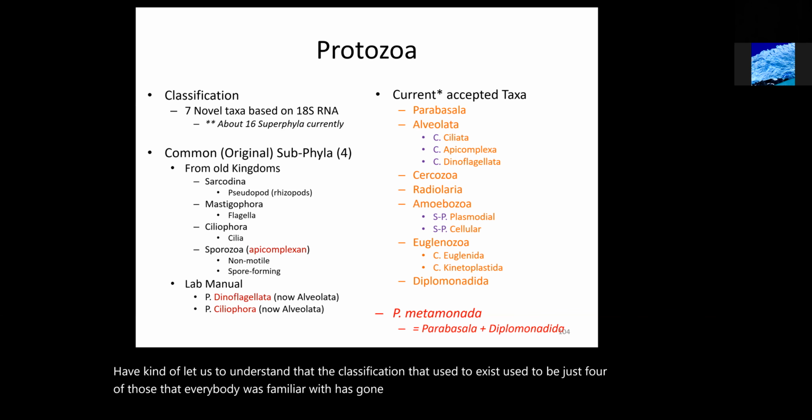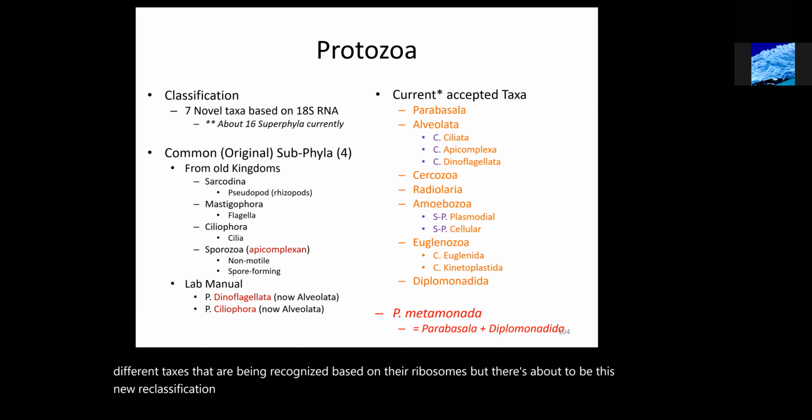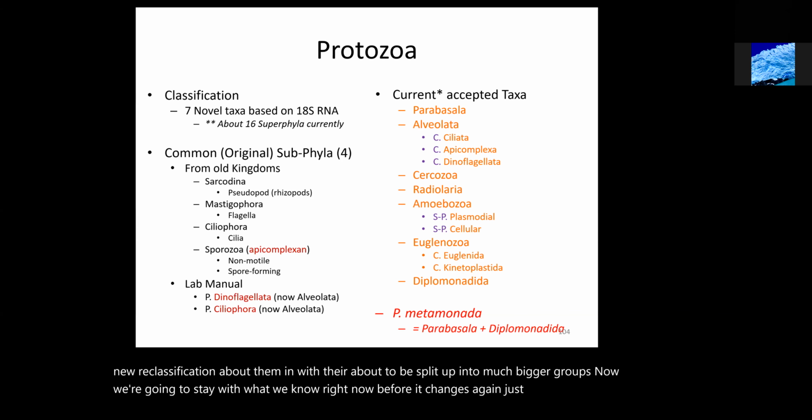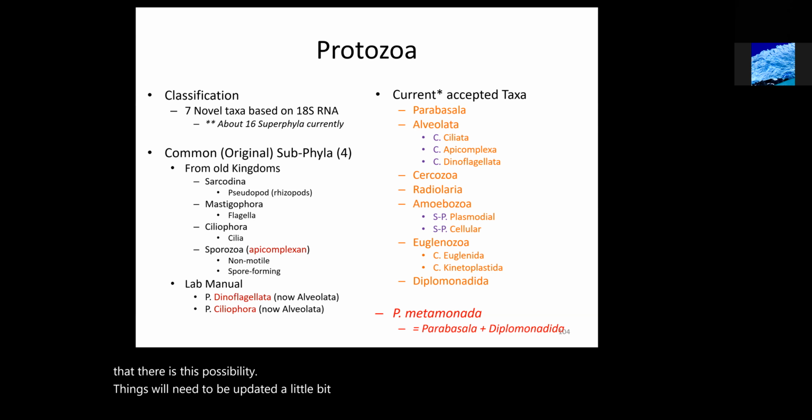Now there are currently about 7 different taxa being recognized based on their ribosomes. But there's about to be a new reclassification in which they're split up into much bigger groups. We're going to stay with what we know right now before it changes again. Just be aware that there is a possibility that things will need to be updated a little more. So keep that in mind.